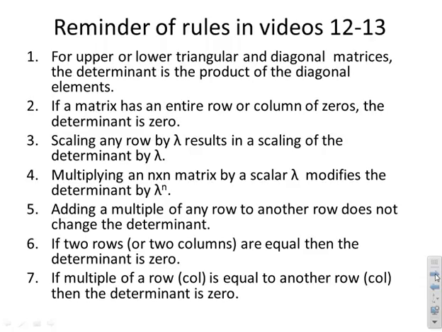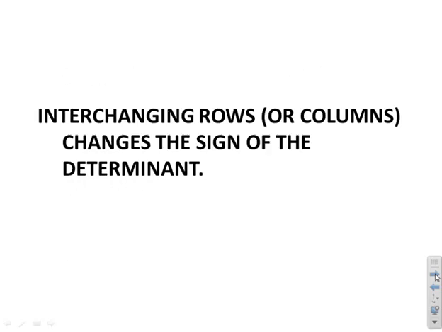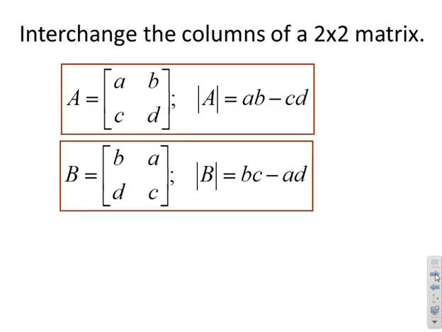So we've got two more to go. First of all, if you interchange rows or columns, you change the sign of the determinant. Here's a simple example with a 2 by 2. You can see with A, we've got A, C in the first column and B, D in the second column.